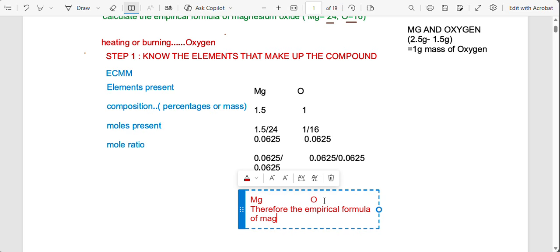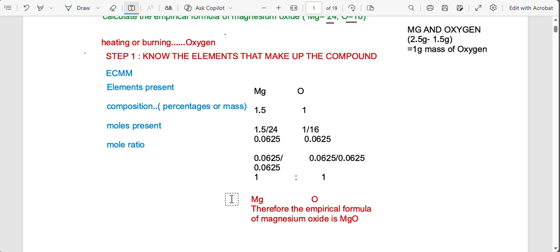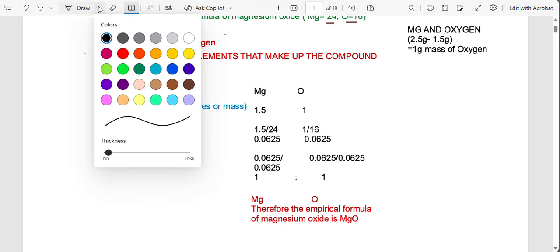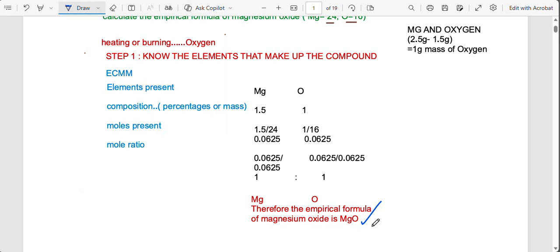After that, you come down here and say, therefore, the empirical formula of magnesium oxide is MgO.